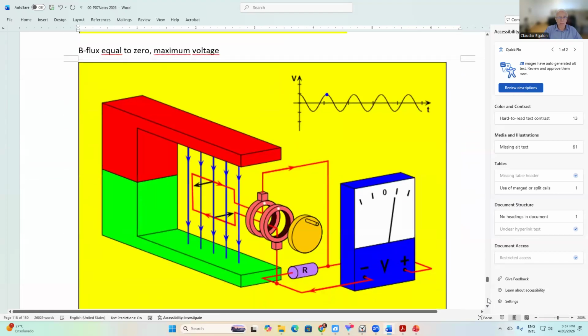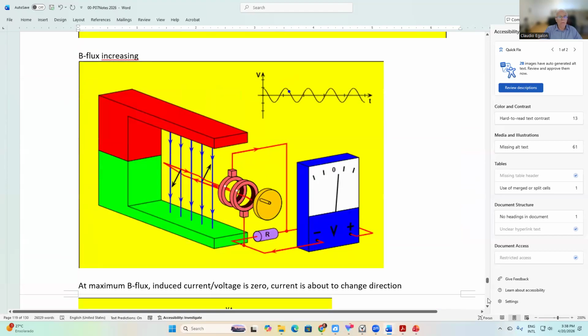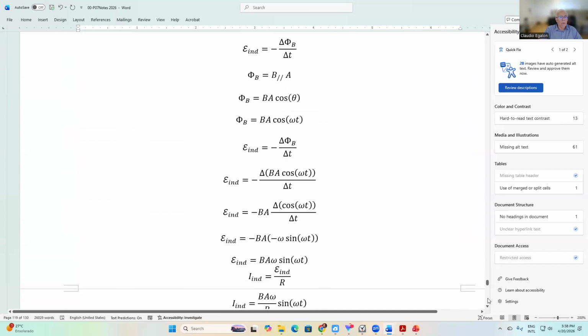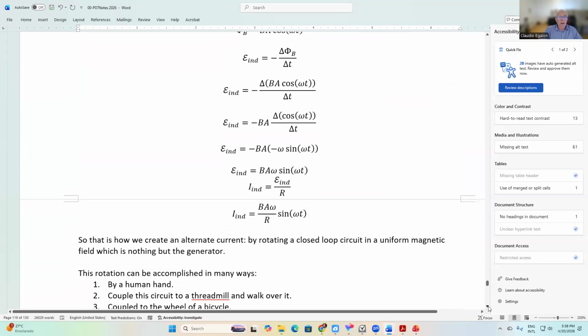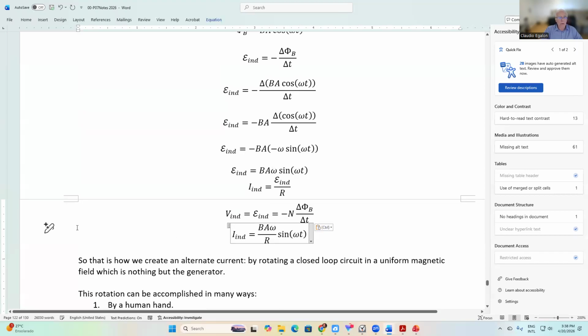All right. Okay, let's see here. You go. That's the current induced by an electric generator.